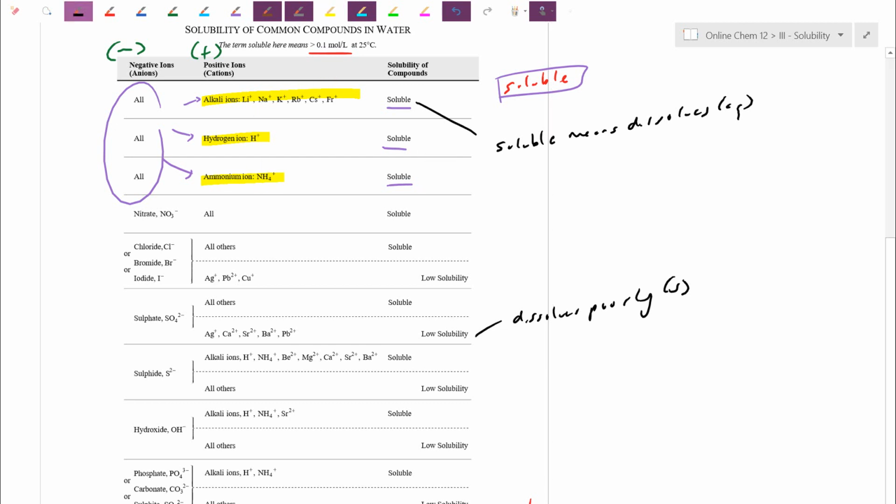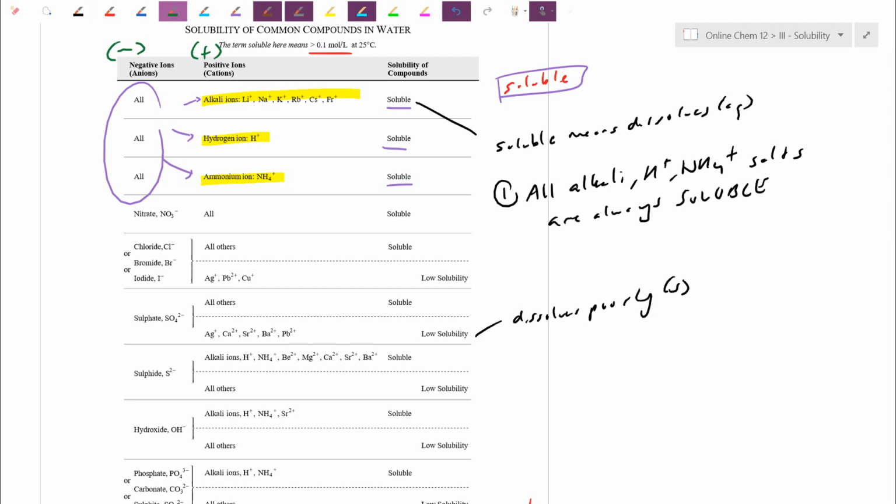So in that case, you can conclude, memory hint number 1: all alkali salts, all H+ salts, all NH4+ salts are always soluble. They're going to take a lot before you actually hit saturation. Later on we're going to see this: if I need to have any negative ions in solution, say phosphate, I'm never going to have a bottle of pure phosphate.